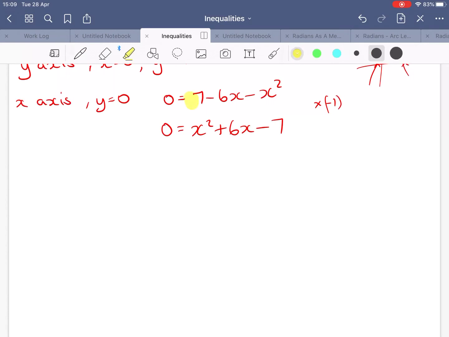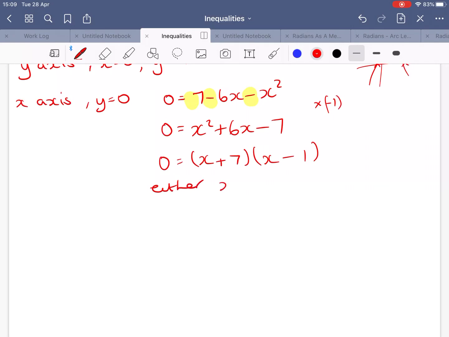Because that becomes negative, that becomes positive, that becomes positive. Okay. And in this case, again, these are usually not too bad to factorise. I need two numbers that multiply to make -7 and give me 6. So it's going to be a 7 and a 1. And it's going to be a +7 and a -1. So either x equals -7 or x equals 1.